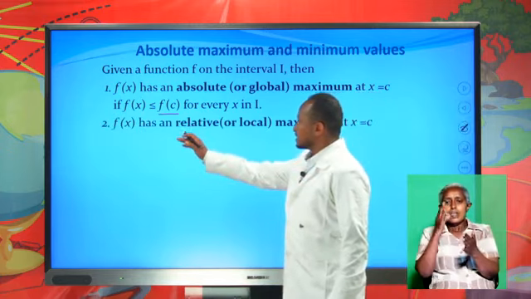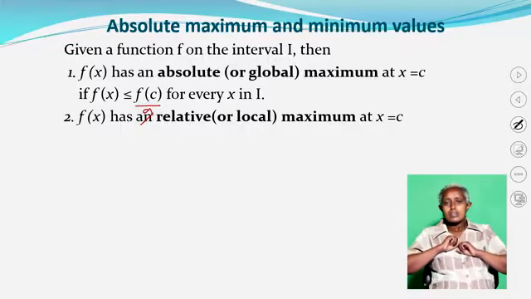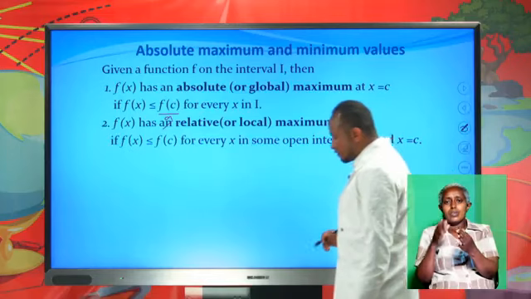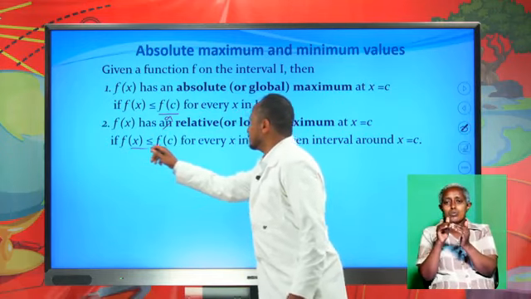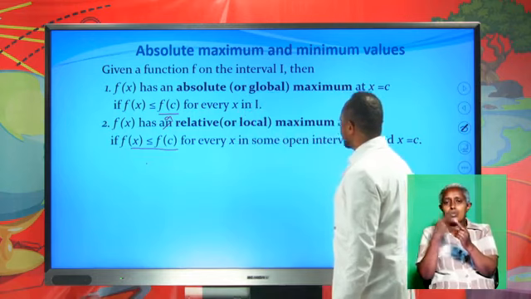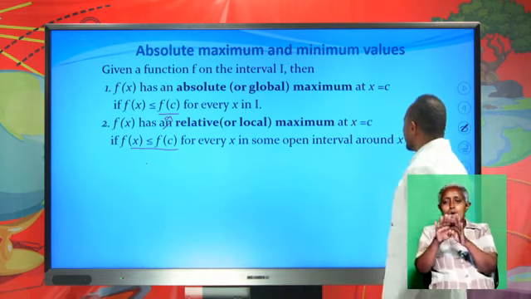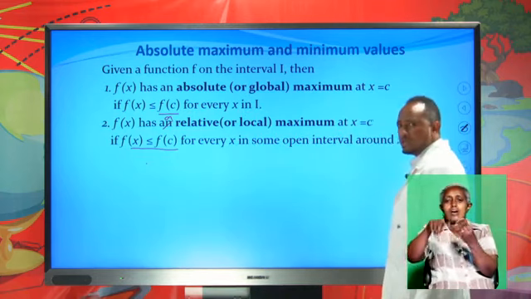Now, let's see another definition here. f of x has a relative or local maximum at x equals c if f of x is less than or equal to f of c for every x in some open interval around x equals c.